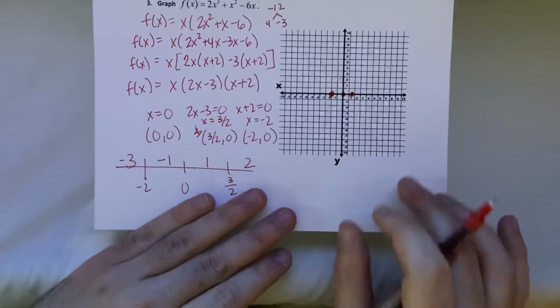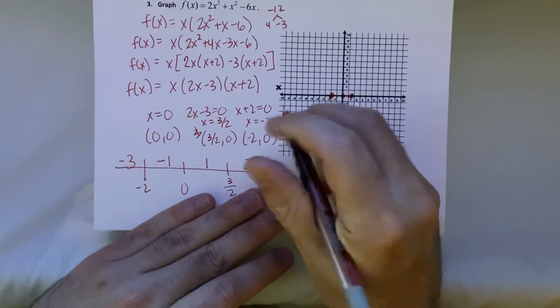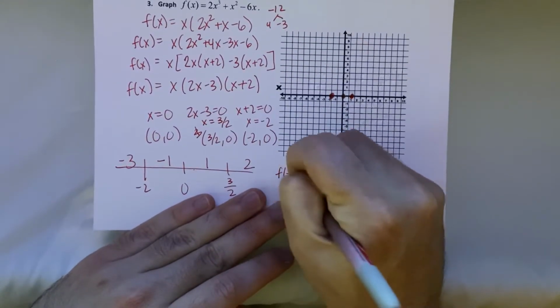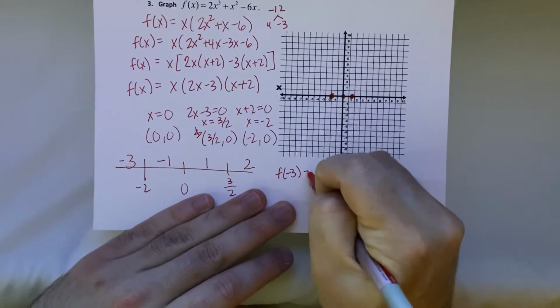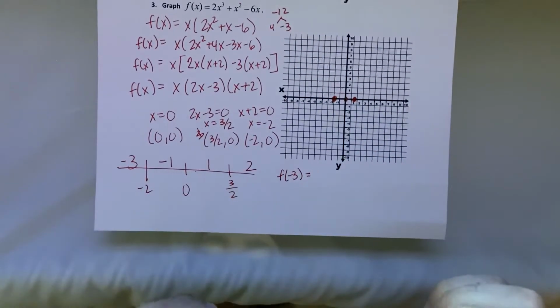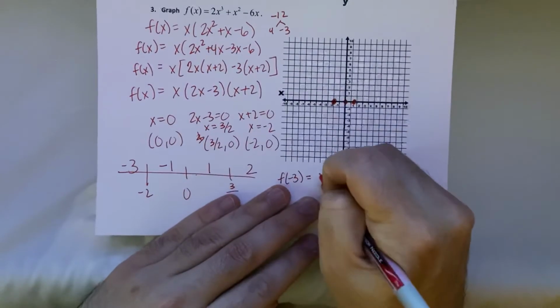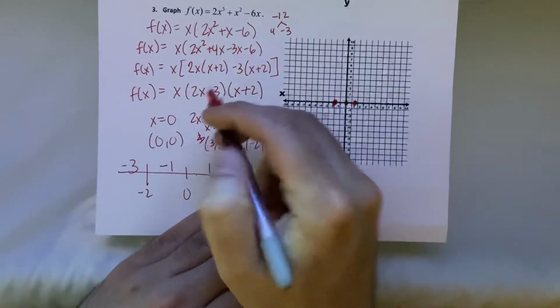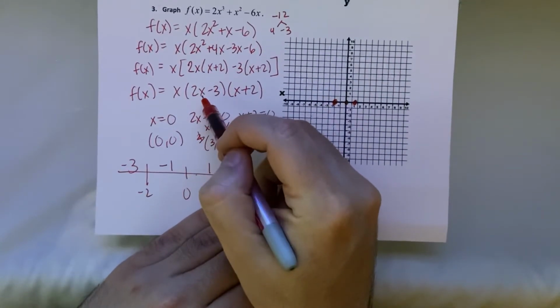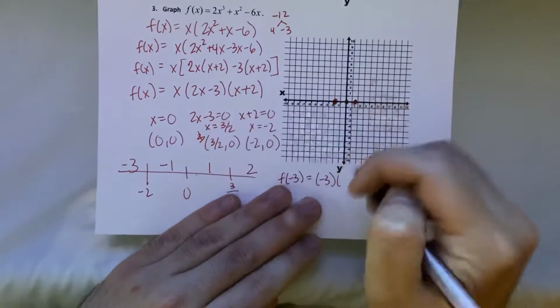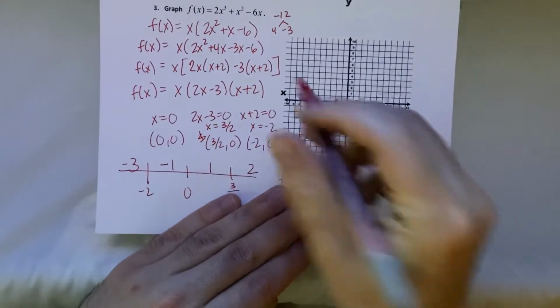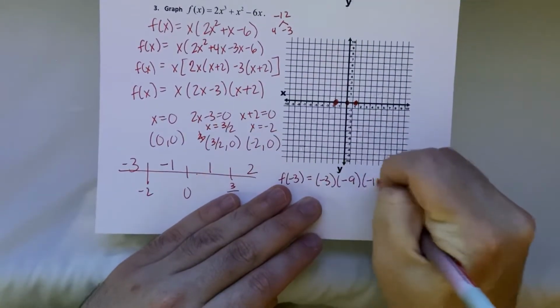So let's talk about f of negative 3. You can plug it into the original or the factored version. I'm going to plug it into the factored version. I think that's easier. It'll be negative 3. 2 times negative 3 is negative 6. Minus 3 is negative 9. Negative 3 plus 2 is negative 1.